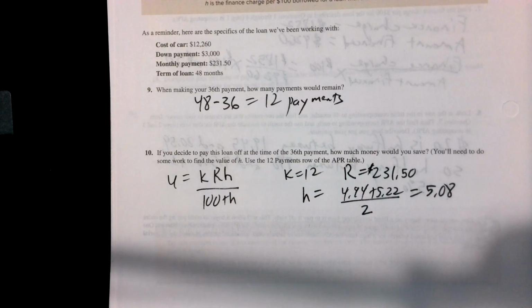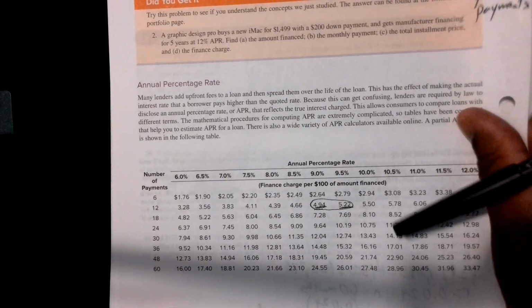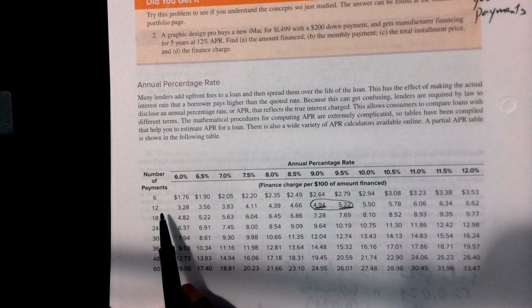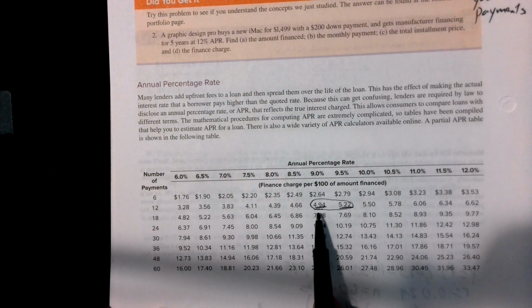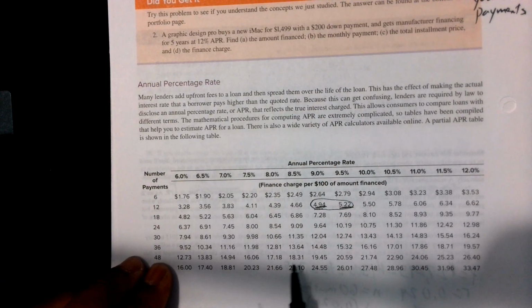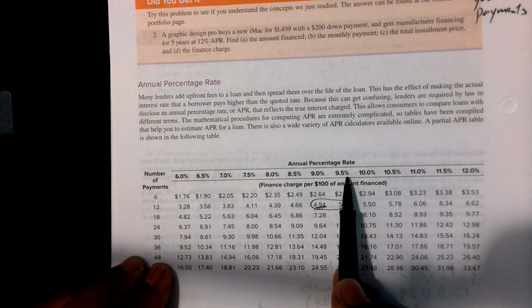Now let's go back and reflect over this. We go back here to the table. We go to 12 months because that's how many months we will not be paying interest because we paid the 36 month. Now we look here. We go to the 2 percentages that we originally went to when we did the 48 months. Remember, we went 19.45 to 20.59, which was the 9% and 9.5%.